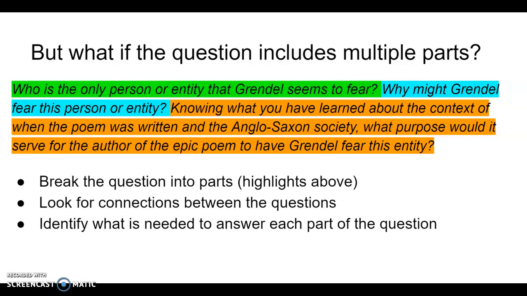Knowing Anglo-Saxon society and the embrace that they provided to the religion of Christianity, I will probably combine that in the first part of my answer to say that Grendel fears God because not only is the character described as being kin to Cain and other demons, but the larger social context was that the Anglo-Saxon society had converted to Christianity, and the poem was used to spread Christian ideals and messages.